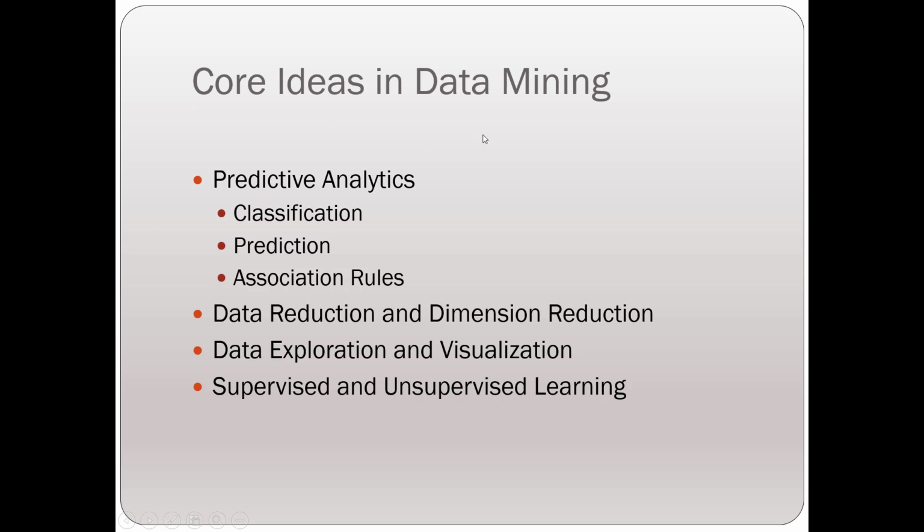The core ideas in data mining are predictive analytics, which is what this course is about, and we can consider predictive analytics as 3 different groups of topics. Classification is one where the target variable, the variable that we are trying to predict, is either binary, nominal, or ordinal, which is not an interval variable.